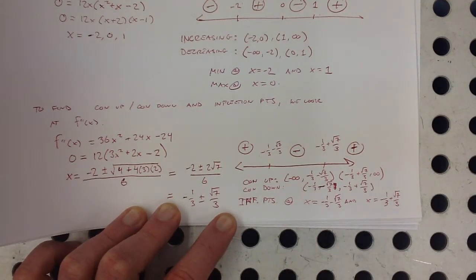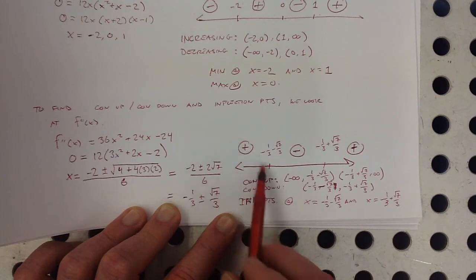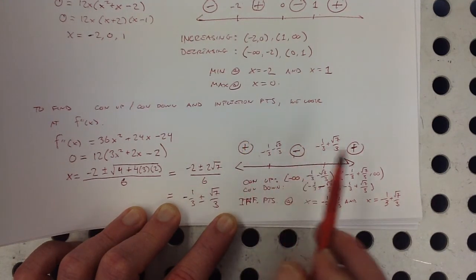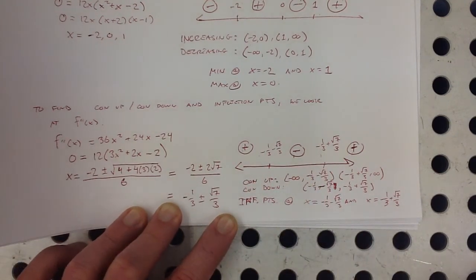Right? That's a lot of stuff to say about one function. Let me just point out here that these are inflection points not just because they're the zeros, but because it really does change from positive to negative and negative to positive. If you get two positives in a row, it's not an inflection point.